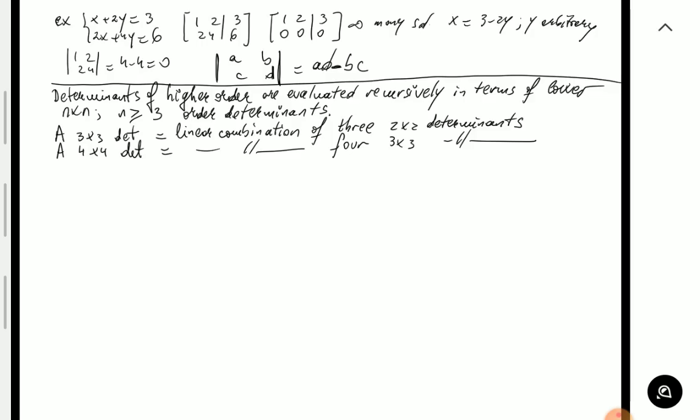Let's say I have a 4 by 4 determinant. That involves the computation of 4 3 by 3 determinants. But in turn, each 3 by 3 determinant involves the computation of 3 2 by 2 determinants. So in the 4 by 4 case, I'm going to end up evaluating 12 2 by 2 determinants. You do not want to do that if there is a choice in the matter.